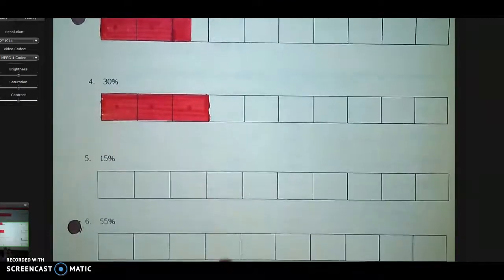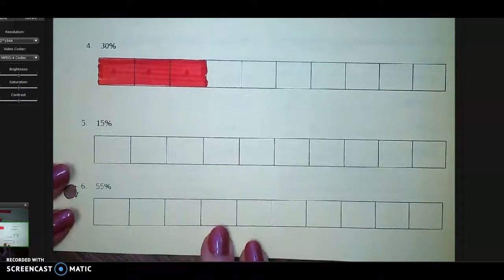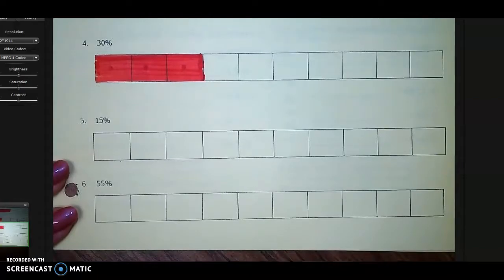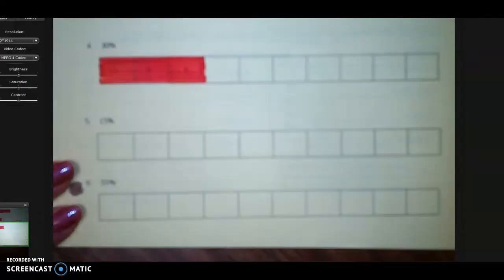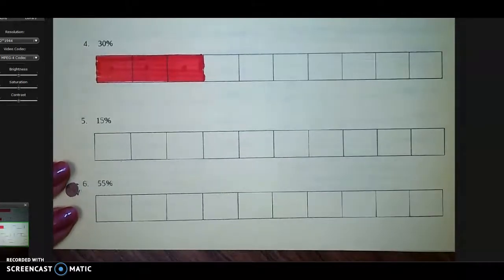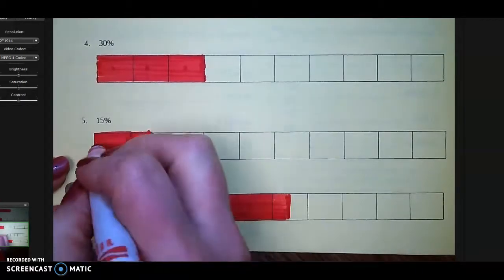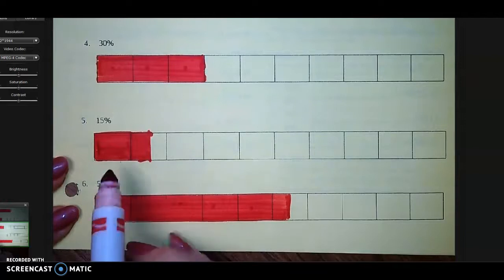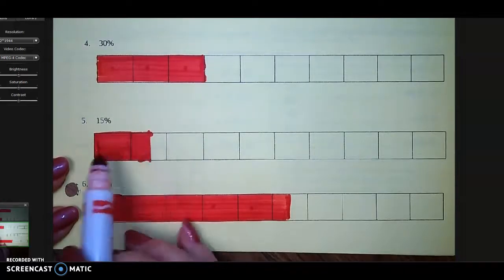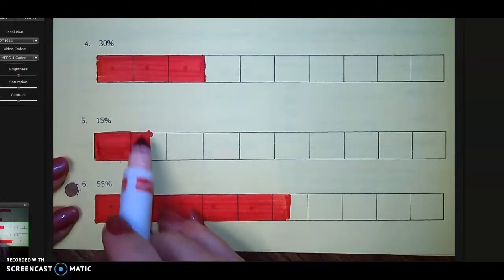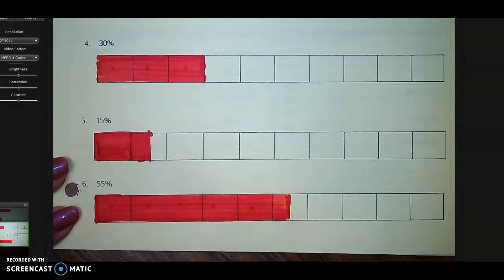Using the idea from 25, how would you shade in 15 and 55? I want you to pause the video right here and try those. You can color them in lightly if you're nervous, and then start it back up and check it. All right, so hopefully you saw that one block was 10%. Another whole block would be 20, so I can't do that. So half of that block is 5%.